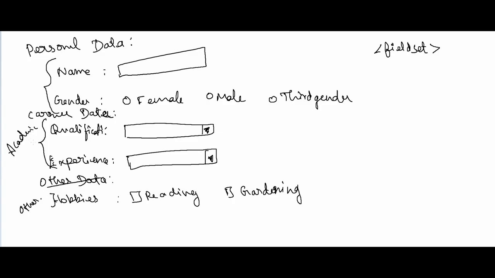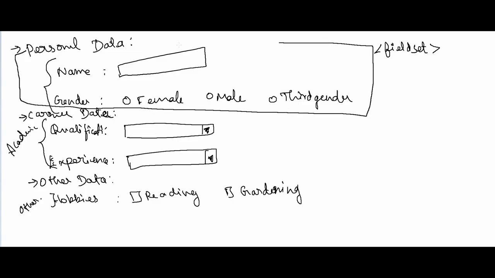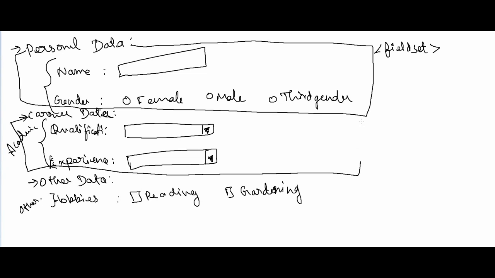This and all are titles. So this one and this one and this one, and I can also frame it like this, I can create a border like this. This is done by field set.